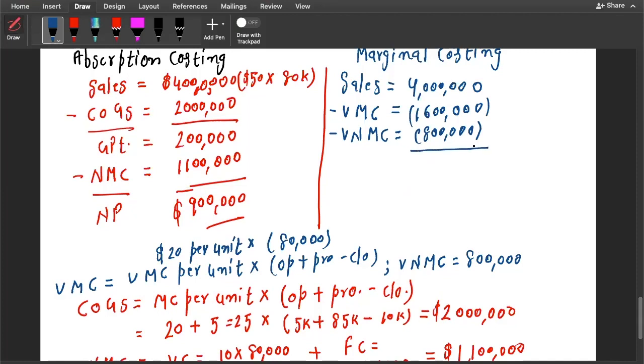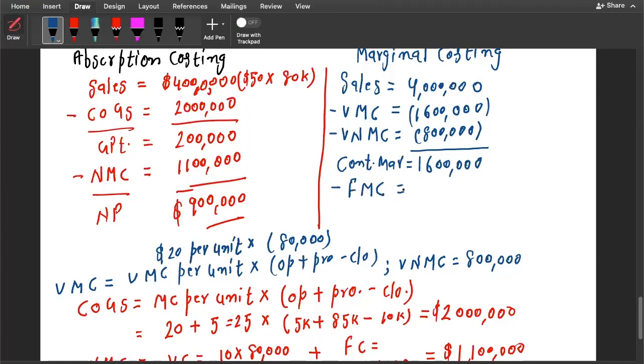So here is your contribution margin. Right. How much is contribution margin? $1,600,000. Yes. 1,600,000 minus fixed manufacturing cost.